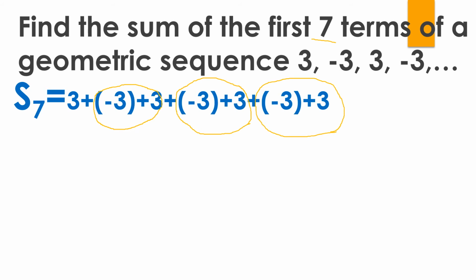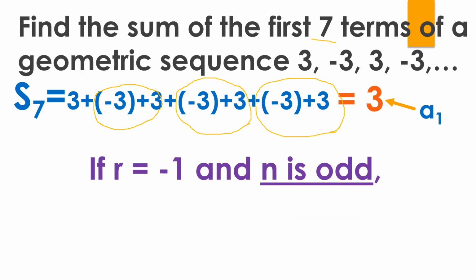Therefore, the sum of the first 7 terms of this geometric sequence is equal to 3, which is actually the value of the first term. Therefore, if r is equal to -1 and the value of n is an odd number, the sum of the first n terms in a geometric sequence is equal to the first term.